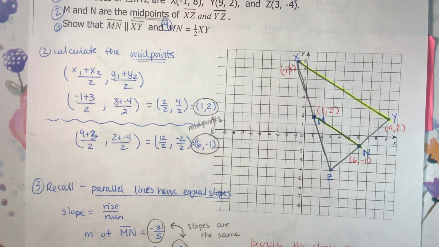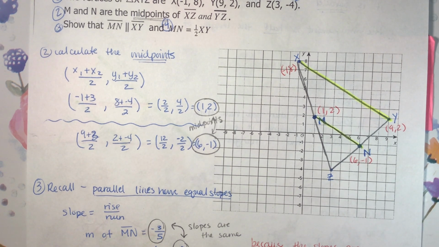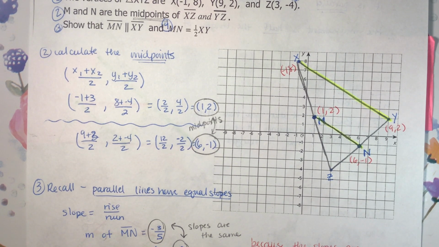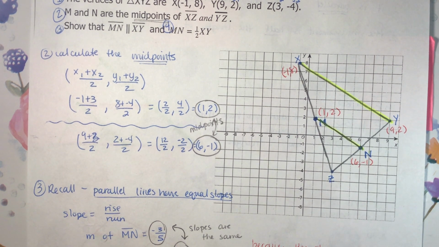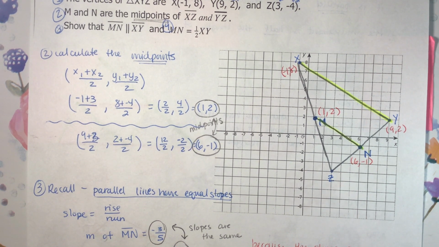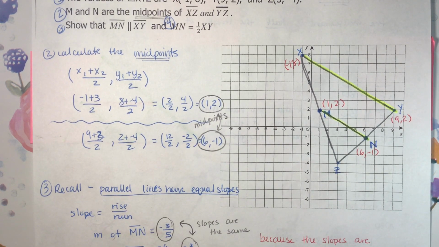So that's going to be (6 minus 1) squared plus (-1 minus 2) squared, which gets me 25 plus 9, which is going to equal the square root of 34.